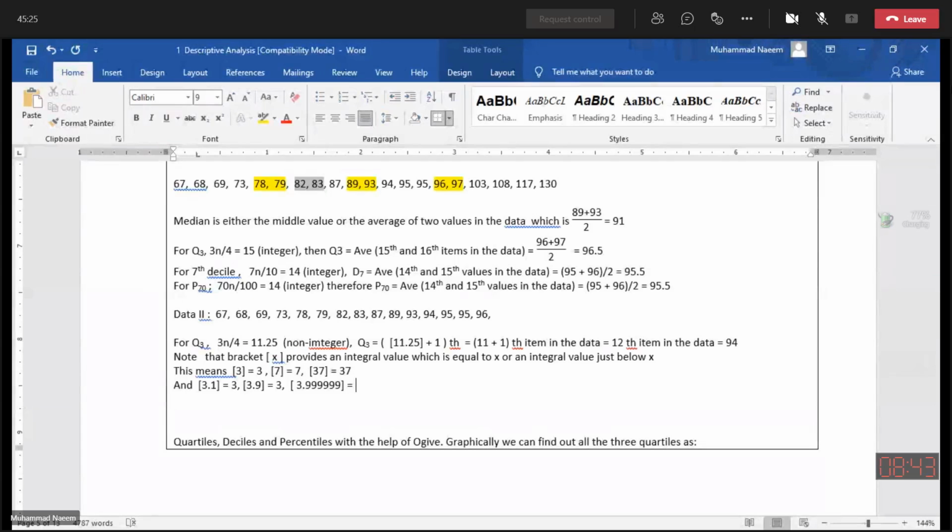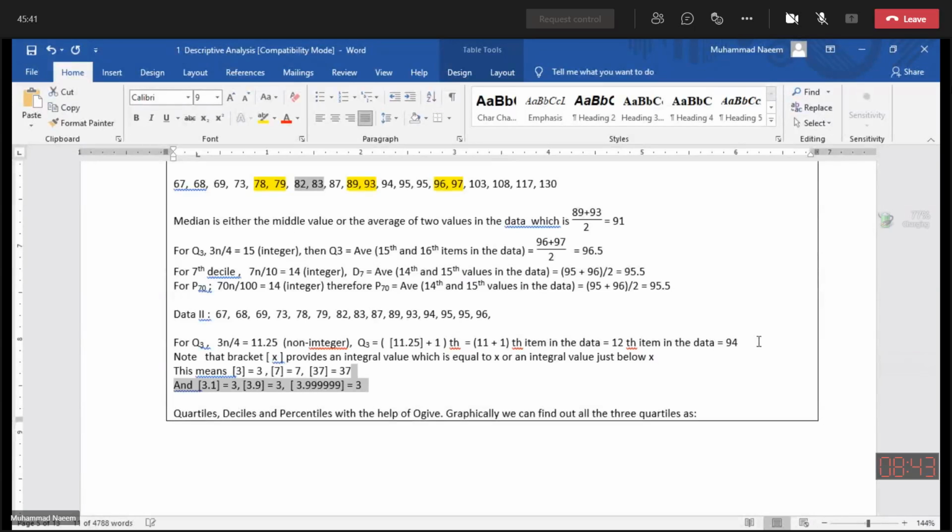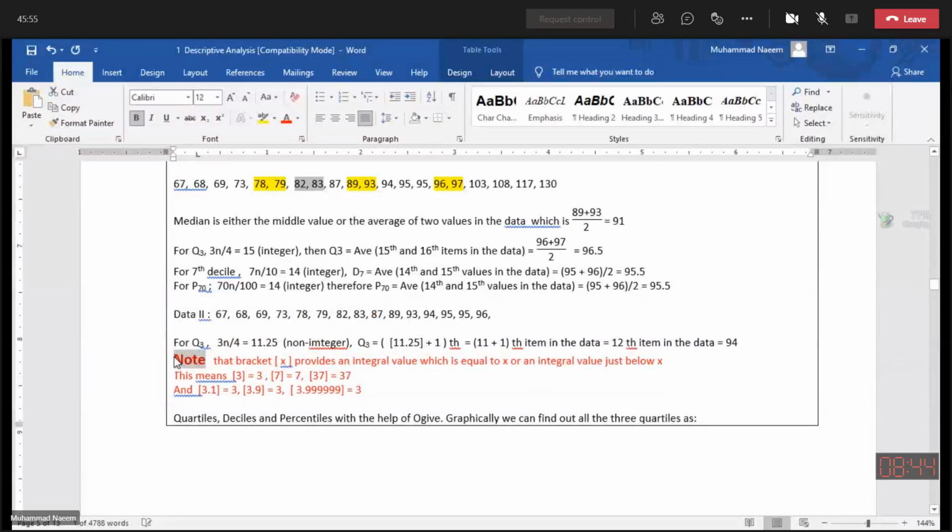Therefore, bracket function will provide us an integral value just below this point. So remember this note.